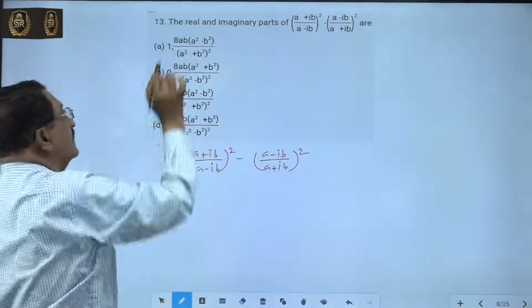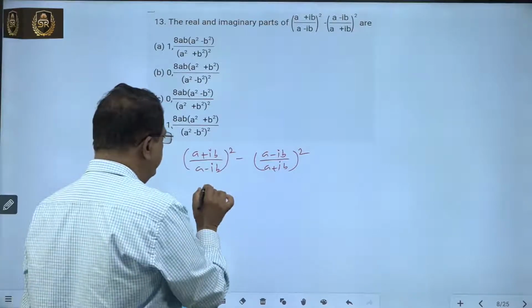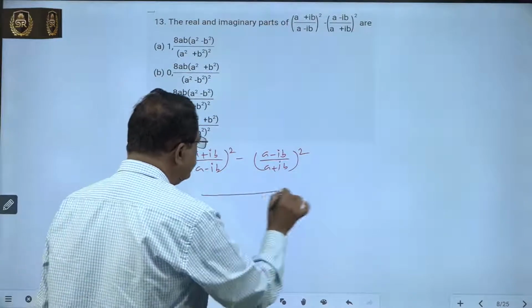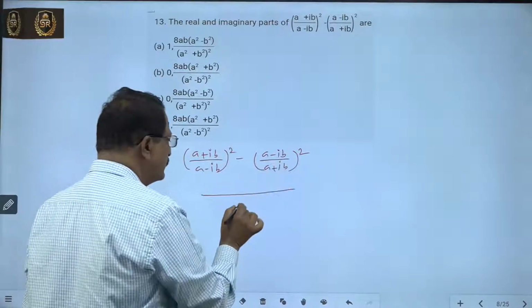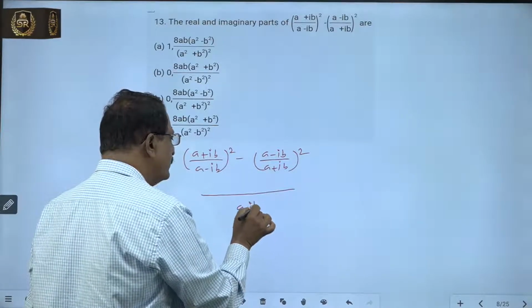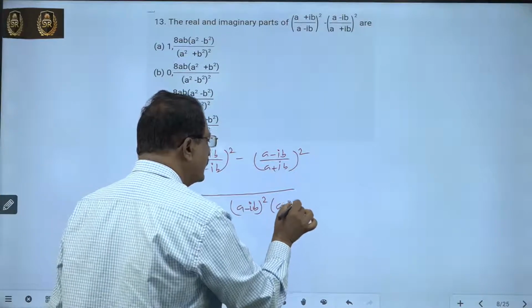We require the real and imaginary parts of this complex number. Now take the LCM. The denominator is (a minus ib) whole square into (a plus ib) whole square, which is the LCM.